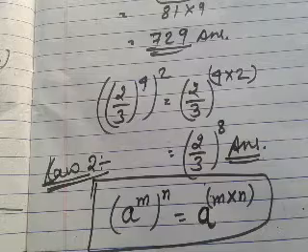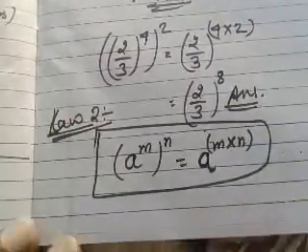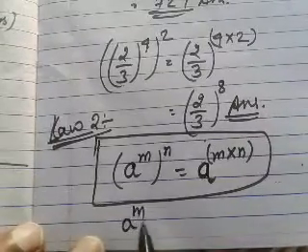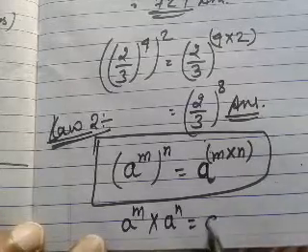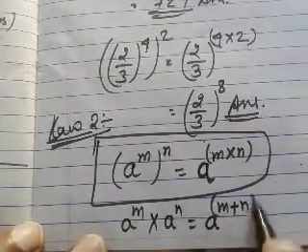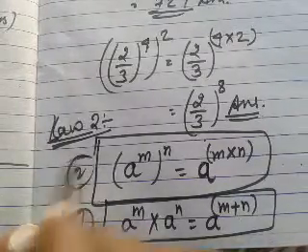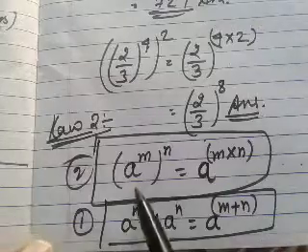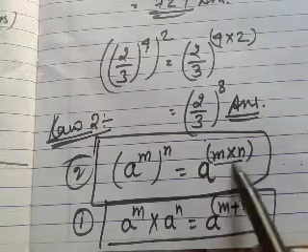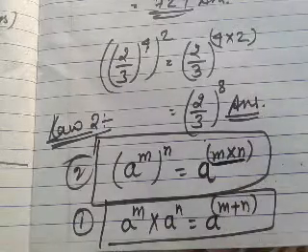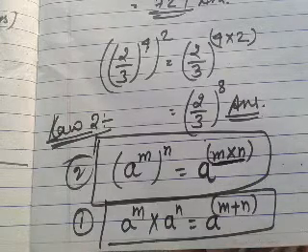The first law is: if the same number a raised to the power m is multiplied by a raised to the power n, then its solution will be a to the power m plus n. In this case, this is the first and this is the second. And if an expression is in its power of power form, then you will get the answer when you multiply these two powers.